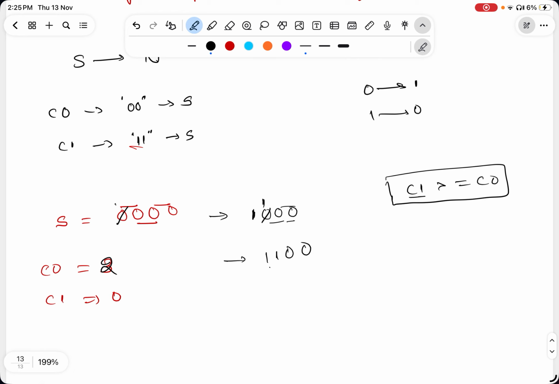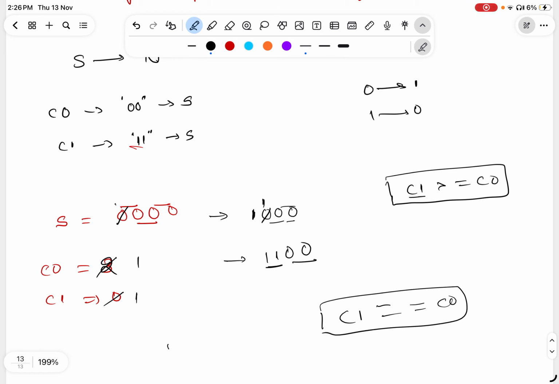Now I have one C1 and one C0. So if you observe, C1 is equal to C0. Here I needed two operations to make C1 equal to C0.